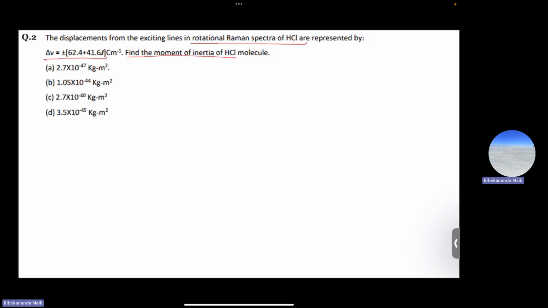So if we discuss rotational Raman spectra, we know that in case of a rigid rotator, the energy is given by EJ equals J into J plus 1 BhC.